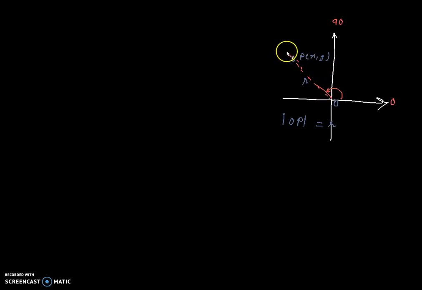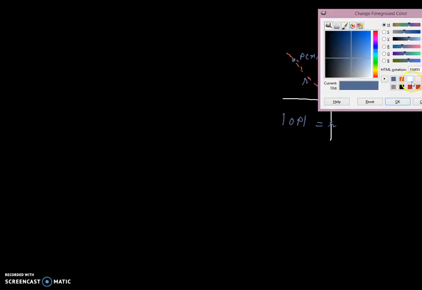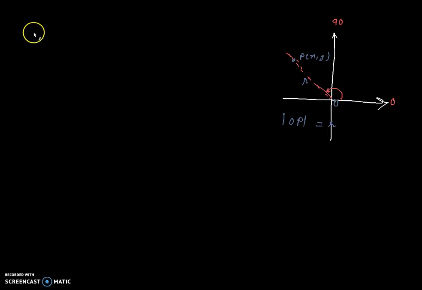So this is the terminal side of theta, and P is a point on this line, and r is the distance OP. So the distance between O and P we've called r. Then you have to define your ratios as these.